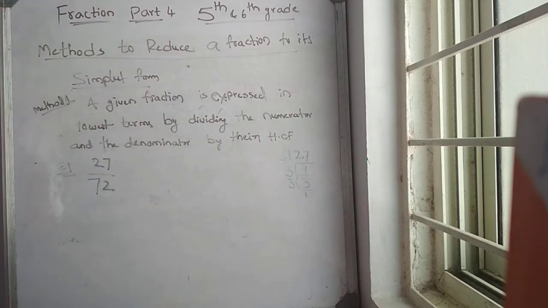See here, observe what they mentioned: methods to reduce a fraction to its simplest form. If you want to reduce a fraction, what do you do here? First, you find the HCF of the given fraction. After that, divide the numerator and denominator by their HCF. Okay?